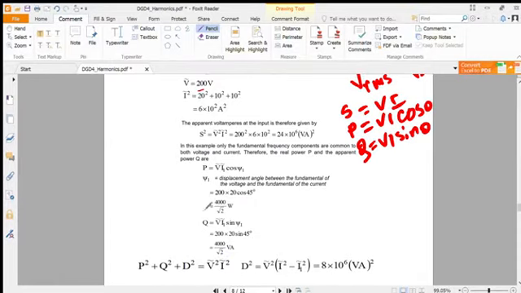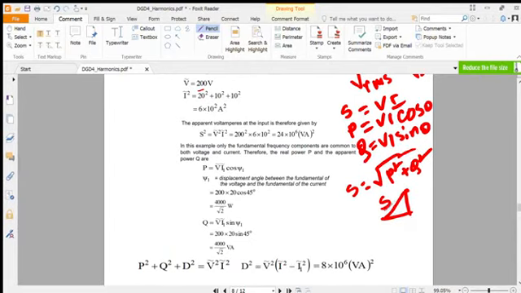So here we get the power. And S can be written in terms of P squared and Q squared. According to the power triangle, S is the apparent power, with P and Q, and theta is the power factor angle.